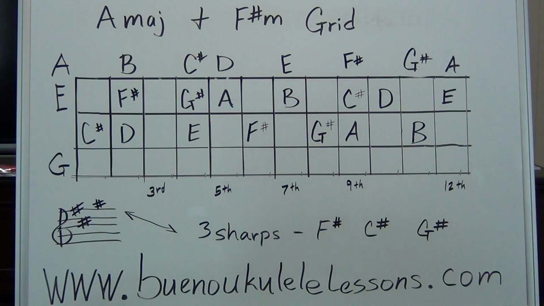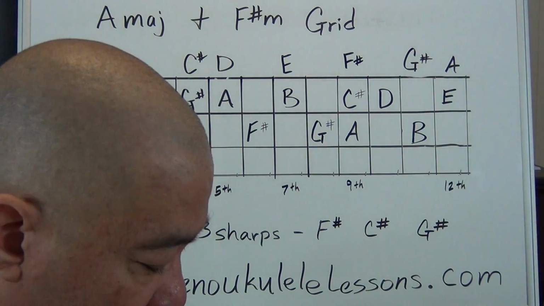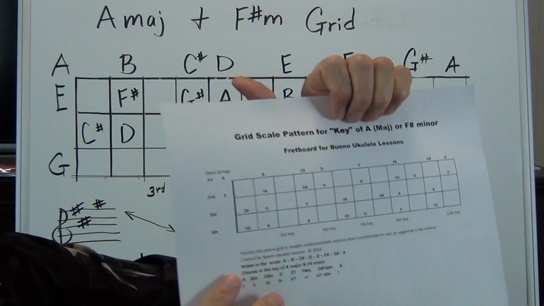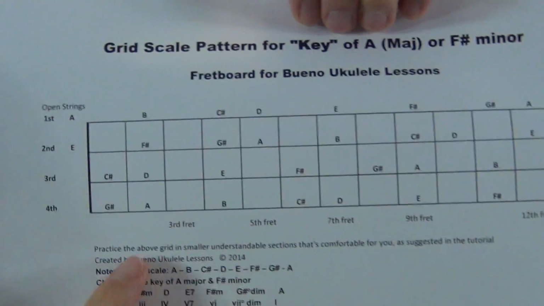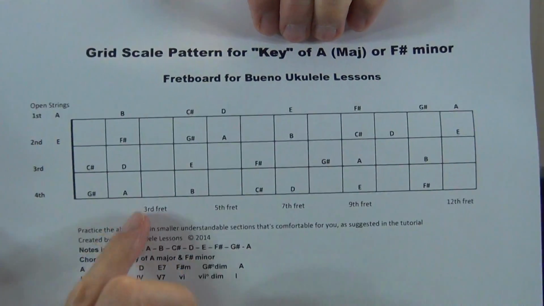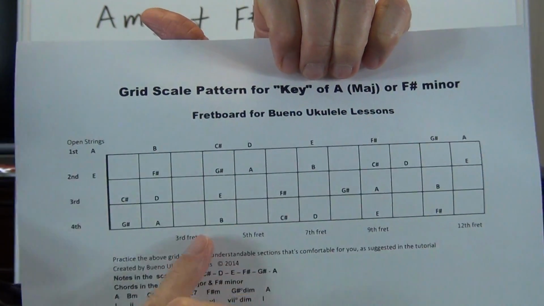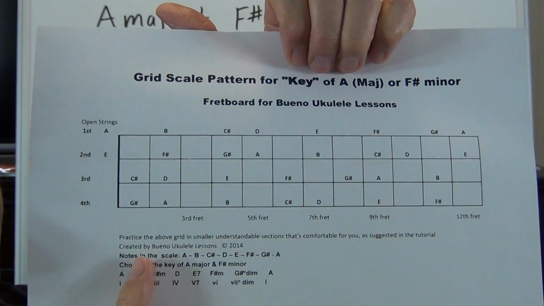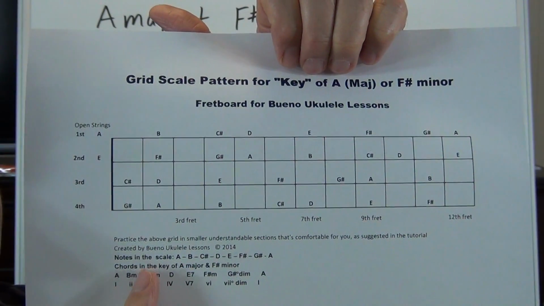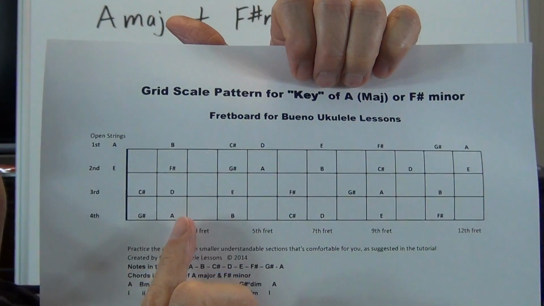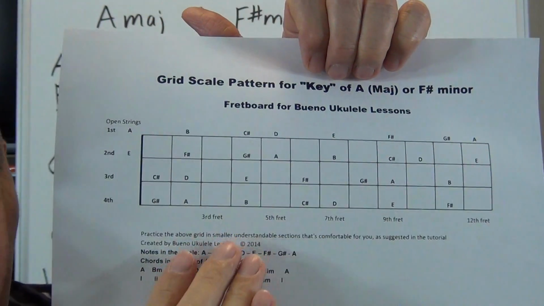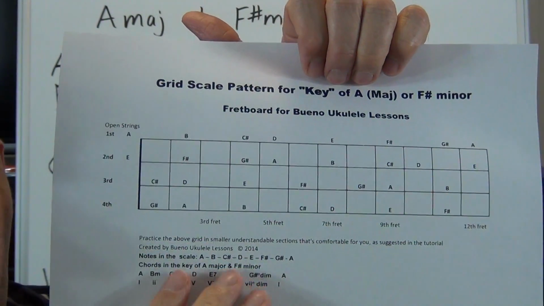You want to make sure that you have a good understanding of the family of chords down here at the bottom and how it relates to the grid. Because knowing the family of chords in the key of A major or F sharp minor, you'll know that just about any note you can play up here in reference to these chords is going to work.